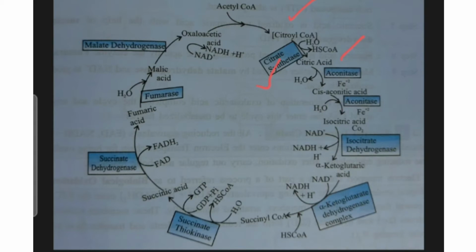Then step number 2, where the citric acid is converted to cis-aconitic acid by the removal of a water molecule in the presence of the enzyme aconitase. Fe2+ acts as the cofactor in this reaction.